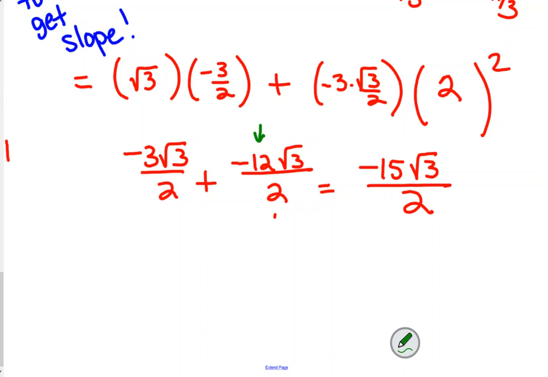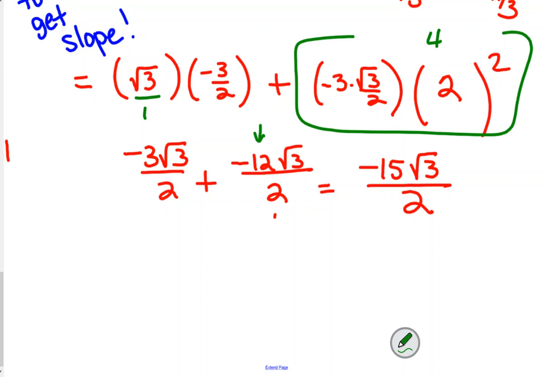So, when I start putting this together, once again, here we are back with our arithmetic struggles. Root 3 times negative 3 over 2 is root 3 over 1. Okay. And so that's negative 3 root 3 over 2. When I went over here, 2 squared is 4. 4 times negative 3 is negative 12. I thought about reducing, but then I was like, well, wait, this has a 2 denominator.